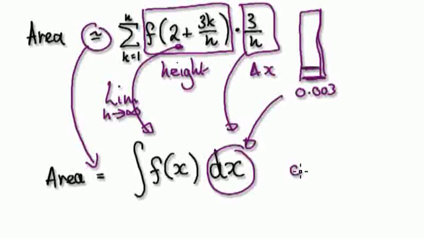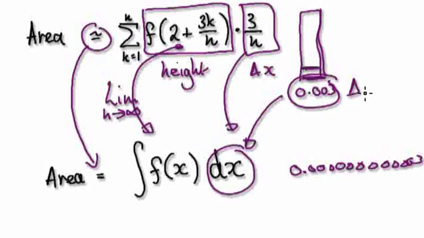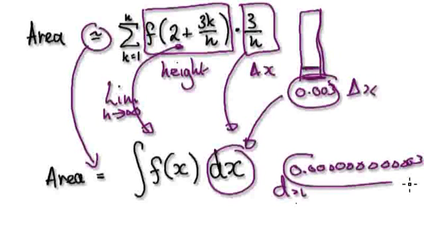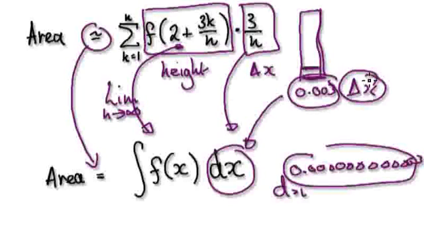Now dx here is in the realm of 0.00000000003, say. So this here is our delta x, and this here is in a way our dx. It is much smaller than this delta x because we've applied the concept of limits. Even this may be a bit too big for dx.